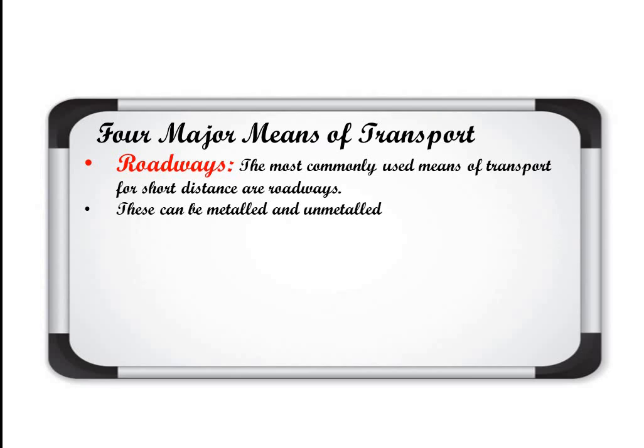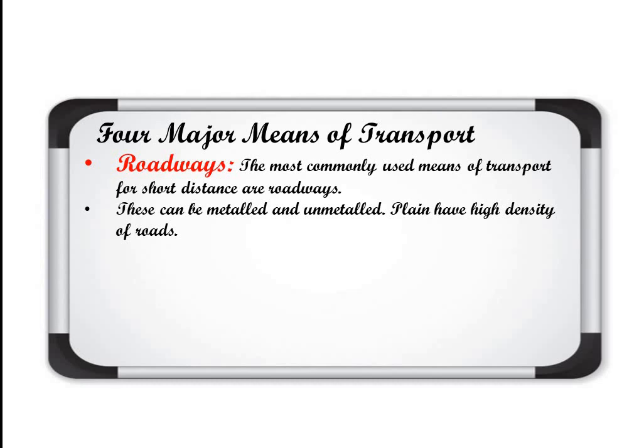Roads can be metalled and unmetalled. Metalled roads means pakka roads, and unmetalled means kacha roads. Plains have a high density of roads.